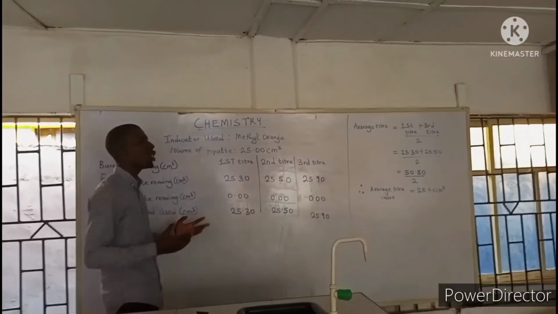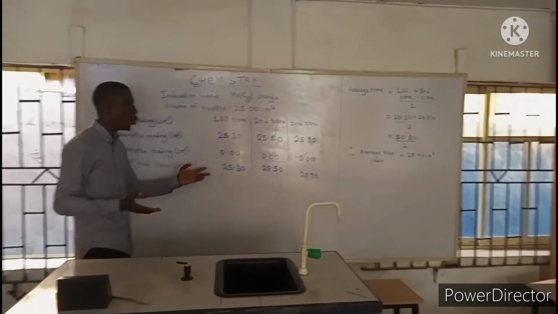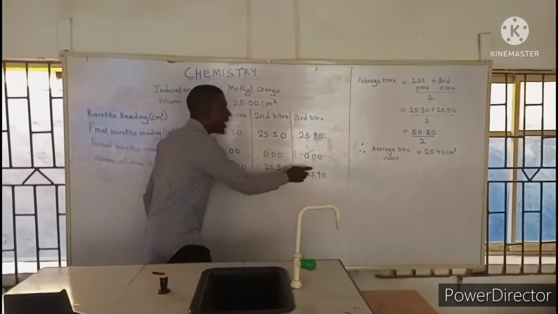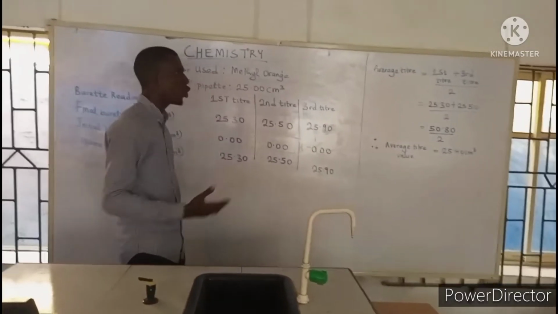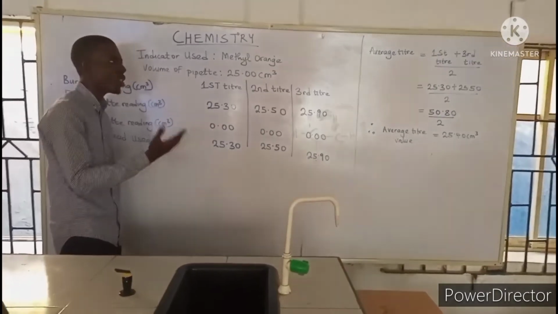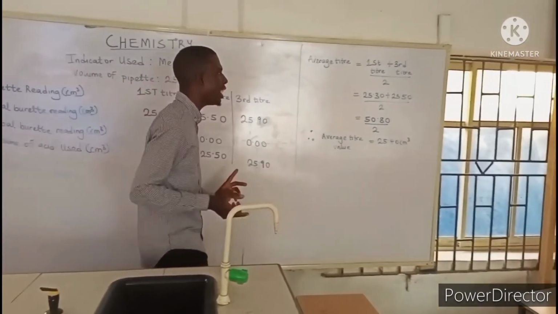When the difference between them is equal to 0.20 or less than 0.20, you will say such values are consistent. But when you look at the second and the third, the difference between them happens to be greater than 0.20. That is why it is not consistent.